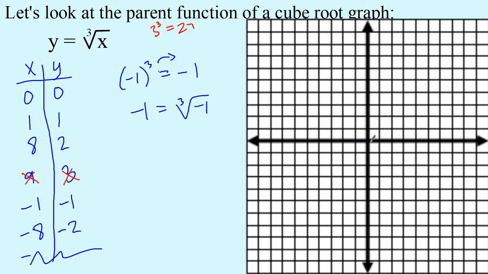Let's graph it. 0, 0, 1, 1, 8, 2, and negative 1, negative 1. Well, oops. There. All right, and what's going to happen is it's going to make this little S-curve.